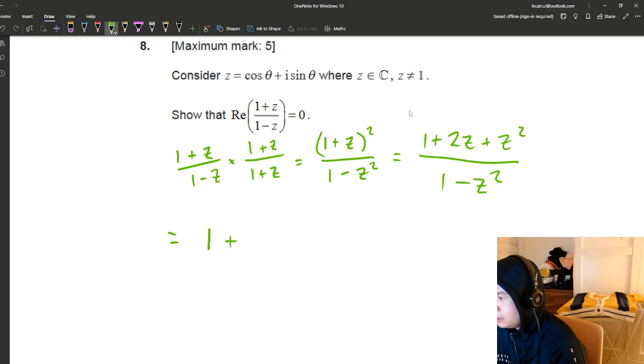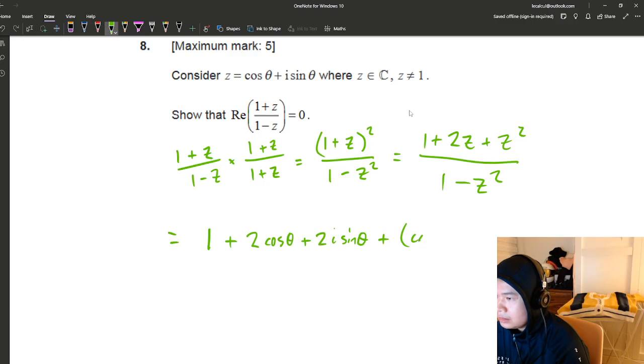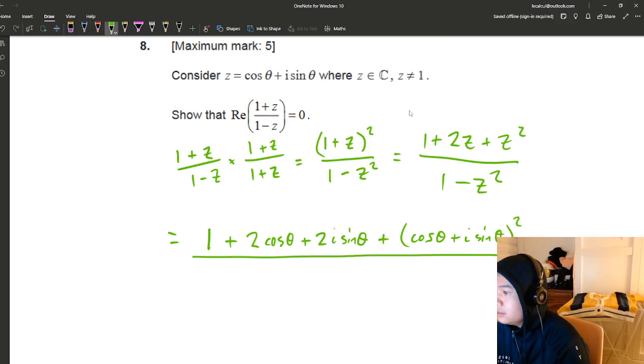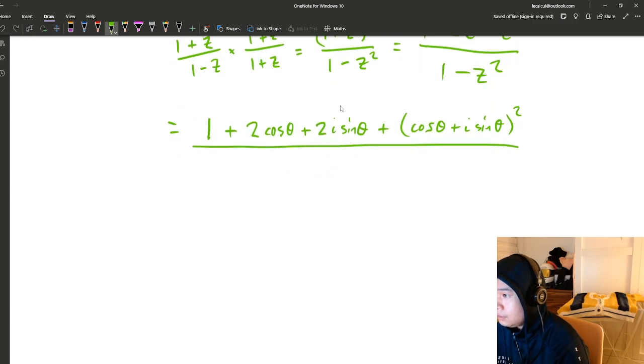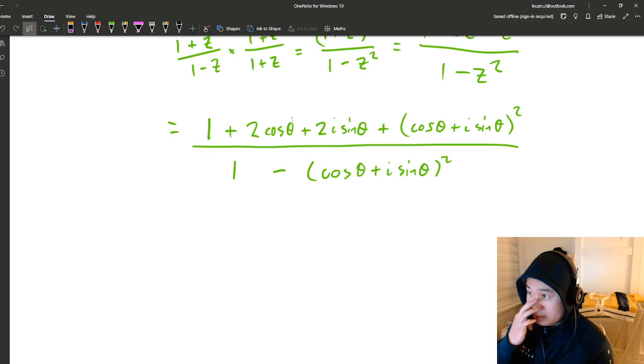My numerator: 2 cosine theta plus 2i sine theta plus (cos theta plus i sine theta) squared, over 1 minus (cos theta plus i sine theta) squared. Okay, so this is just 2 times z, and then I just multiply the 2 in.